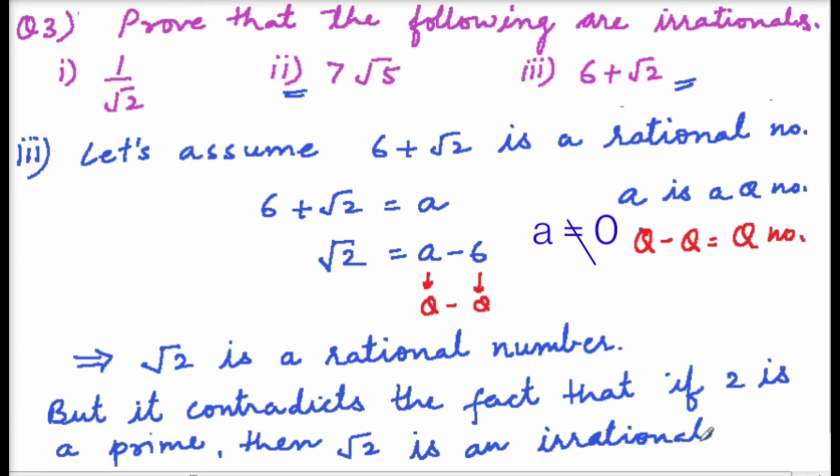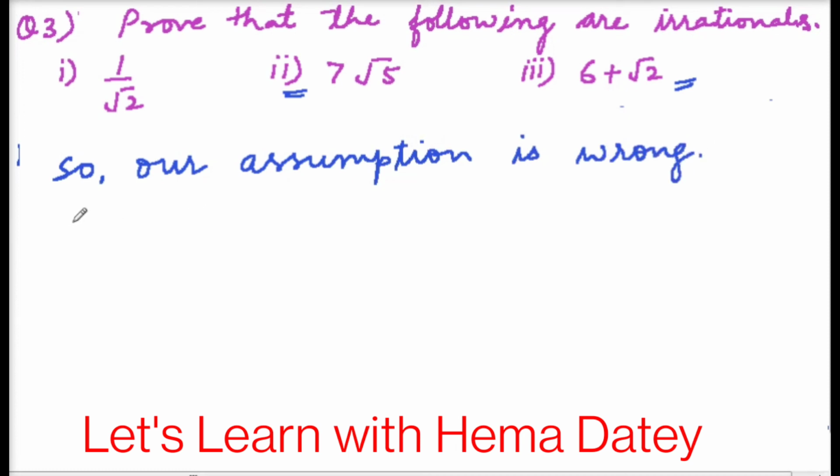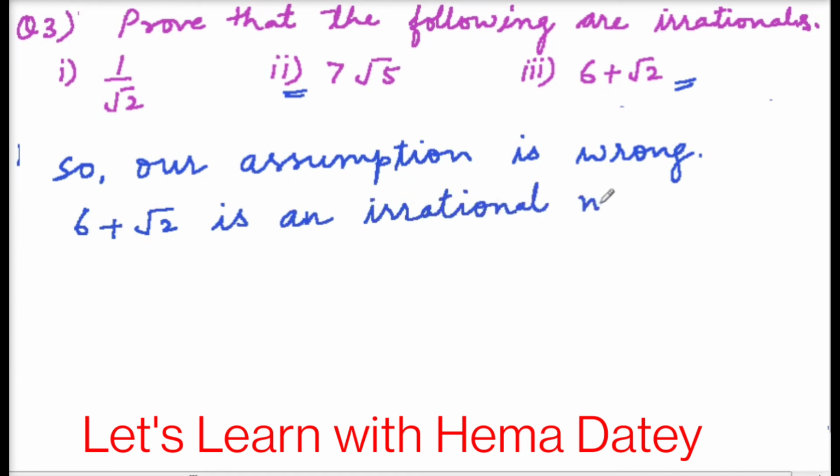So square root of 2 is an irrational number. So our assumption is wrong. It shows that what we had assumed, that is wrong, and 6 plus root 2 is an irrational number.